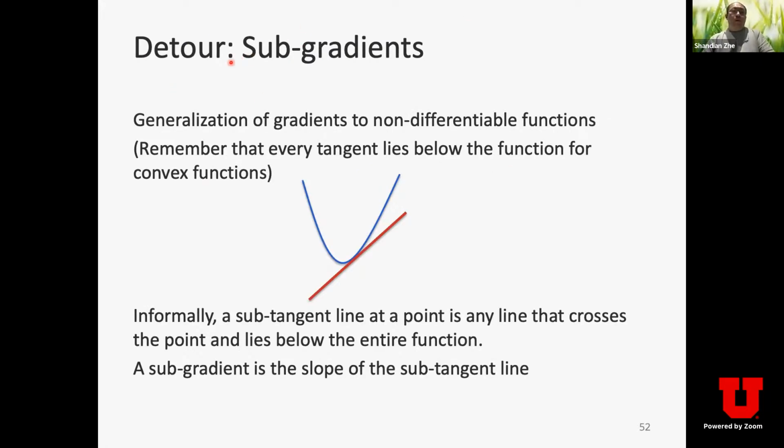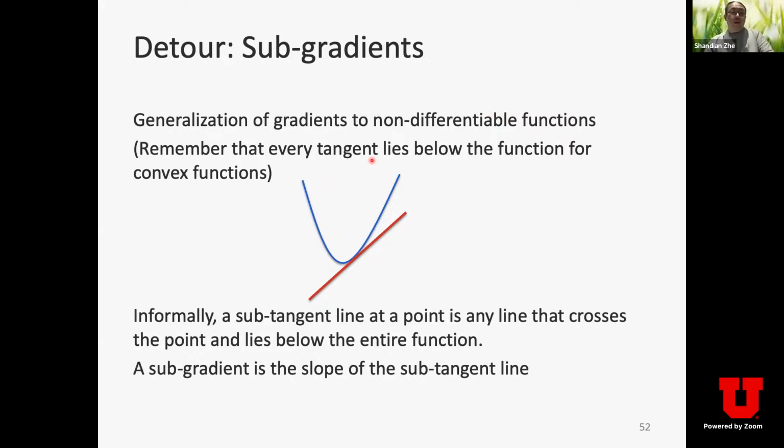So we're going to introduce a surrogate of the gradient, called the subgradient. Okay? So what is a subgradient? We can view it as a generalization of gradients to non-differentiable functions. It was inspired by the behavior of convex functions.